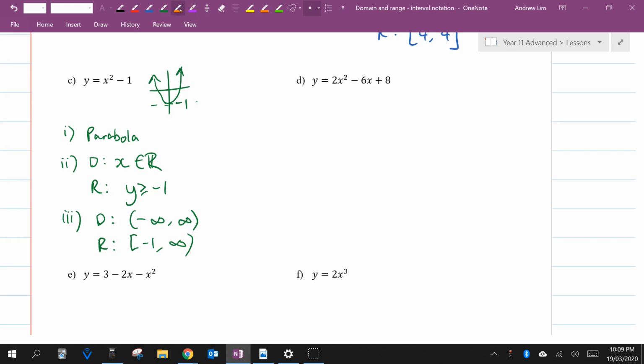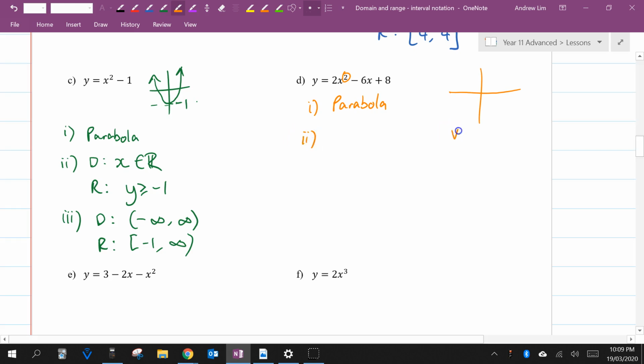Question D, we've got y equals 2x squared minus 6x plus 8. Because the highest power of x is 2, we know it's a parabola. So, part 1, parabola. We just need to work out what the turning point, or the vertex, is.